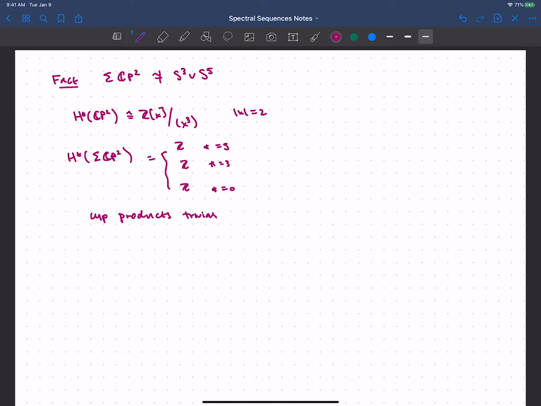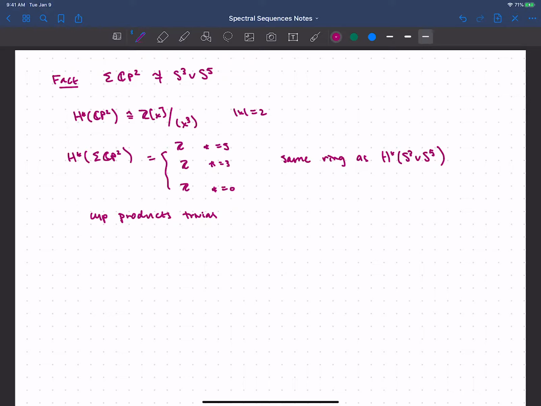Okay, so this is the same ring as the cohomology of the wedge. So I'm just going to have a Z in degree 3, a Z in degree 5, and of course, I have a wedge, so there are no interesting cup products. That's all I get.